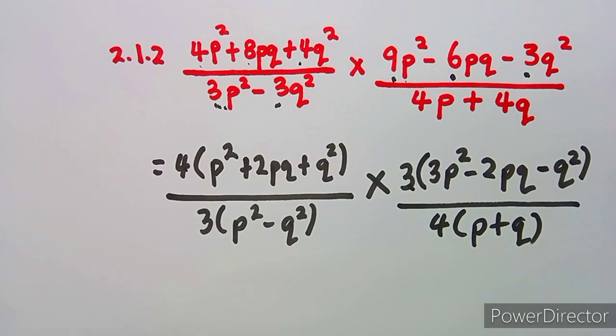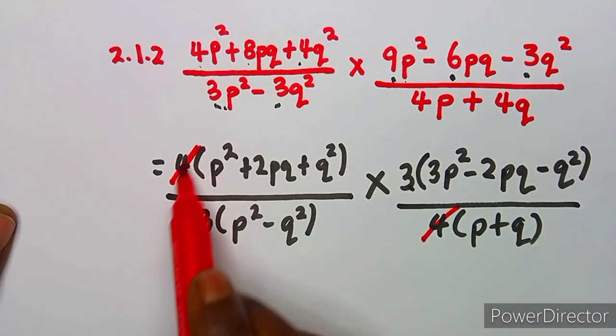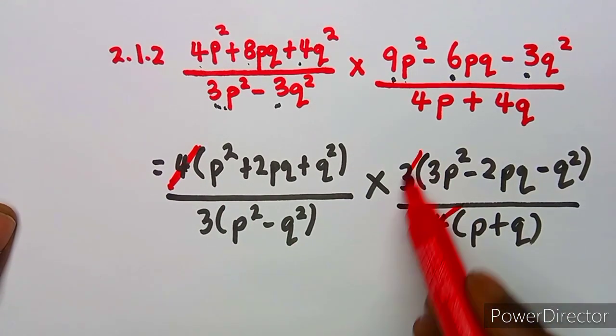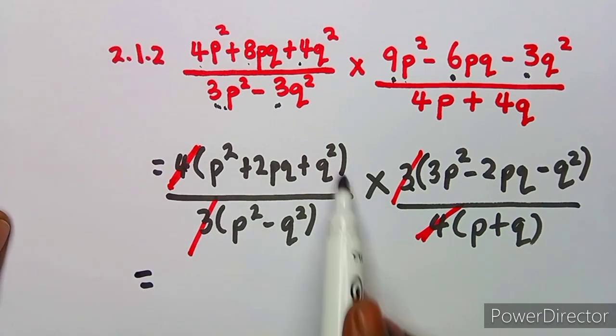So at this stage, yes, we can continue factorizing, but if someone could see that these are the same, you can actually cancel this 4 and 4, because it's numerator versus the denominator, so you can actually cancel. So the next stage is actually not a matter of rewriting this now, but we can now factorize.